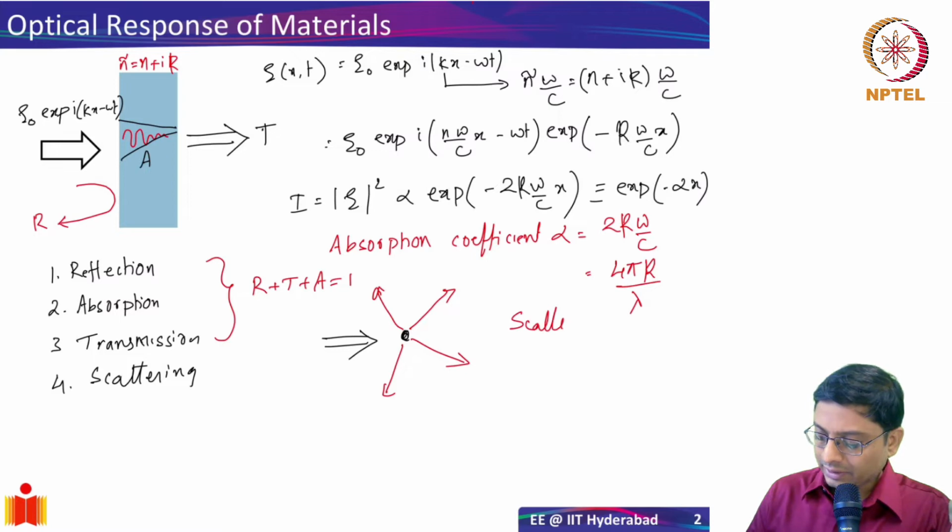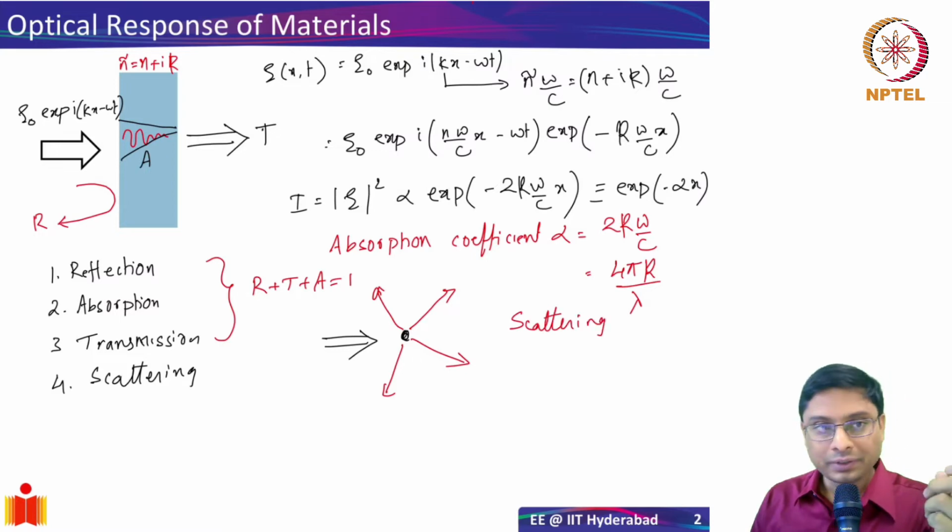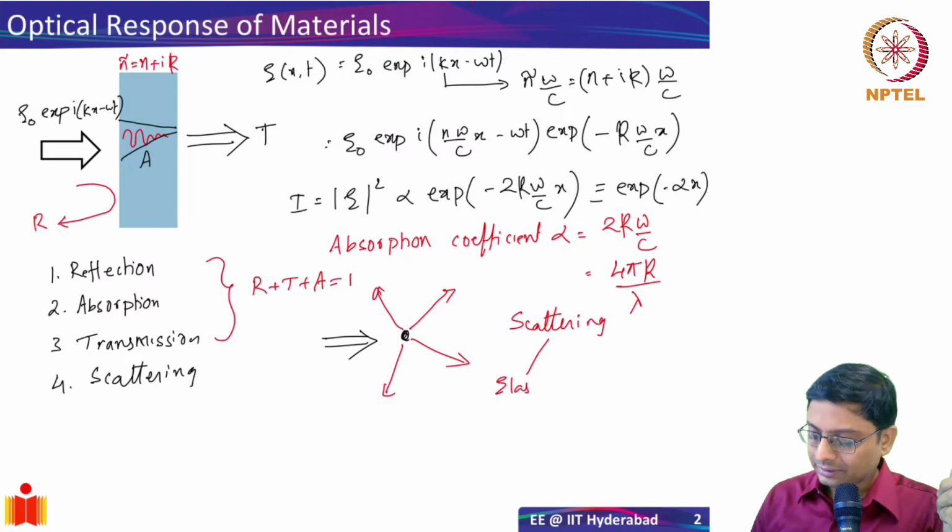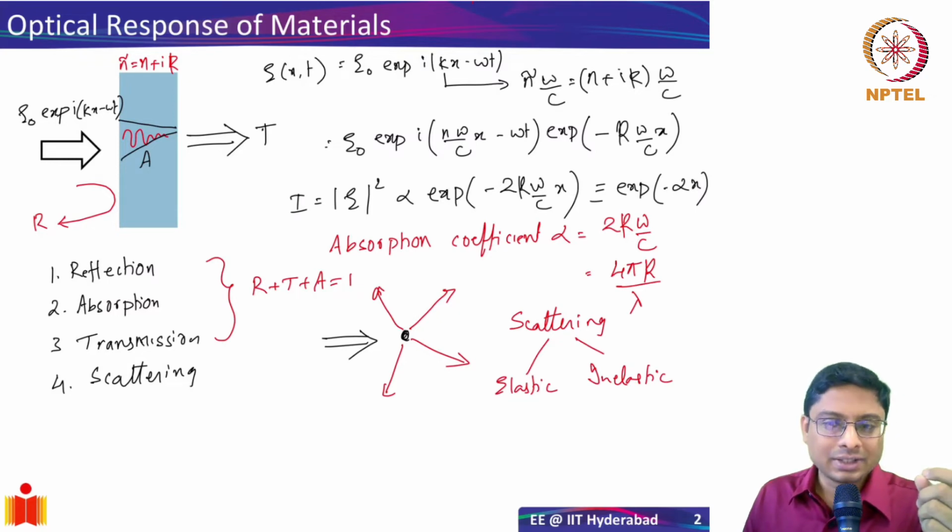If I look at scattering itself, there are two different types of scattering that can occur. One is called elastic scattering, and one is inelastic scattering. Elastic means the energy is not lost. For example, a blue wavelength hits a molecule, and it's just the blue that gets scattered. That is elastic scattering. There is no loss of energy.